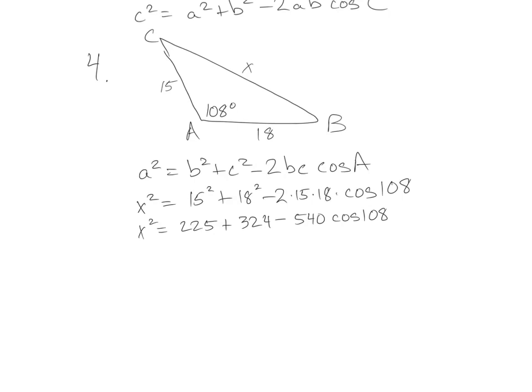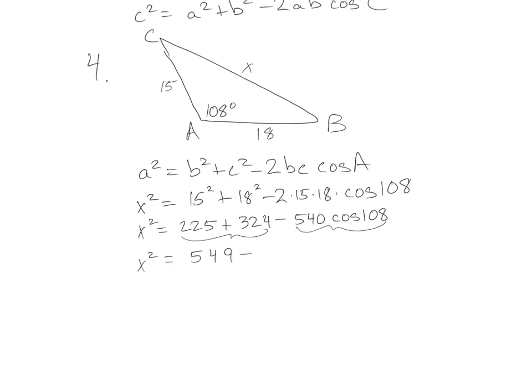So at this point, you need to put these two together. Do not subtract 540. You need to do this calculation together, because that's multiplication. Okay, so 225 plus 324 is 549.